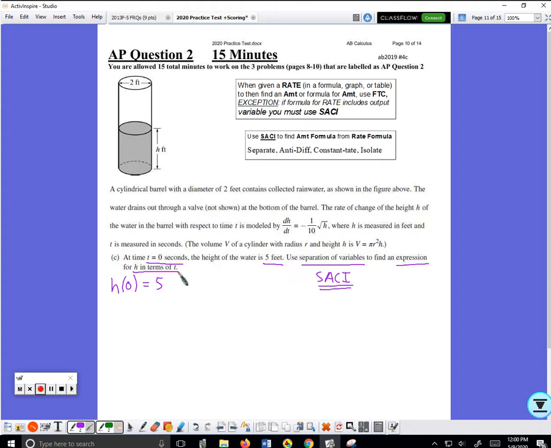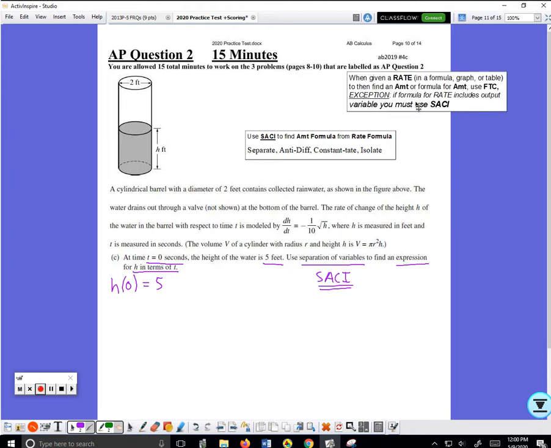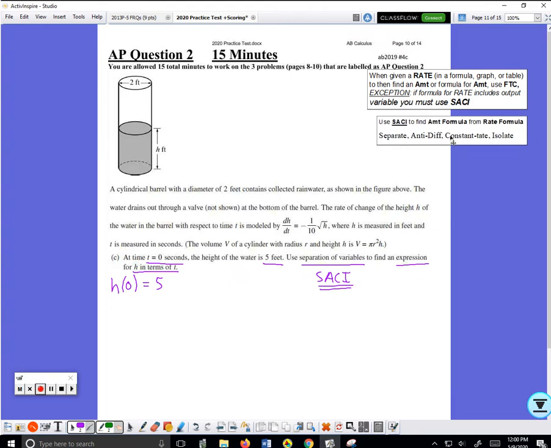The other way I knew that I needed to use SASSI was this idea here on the golden notes, because as I was reading this problem earlier, I had this amount rate table, and I notice now that they have given me a formula for the rate. This formula for the rate contains the output variable h.